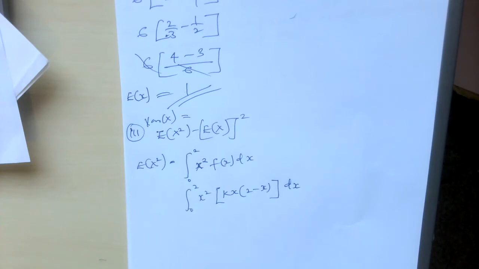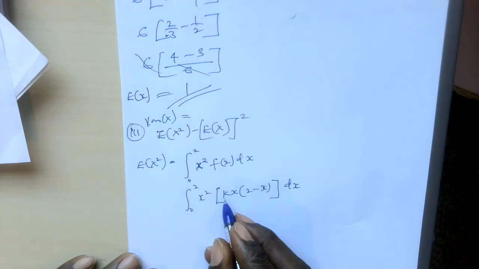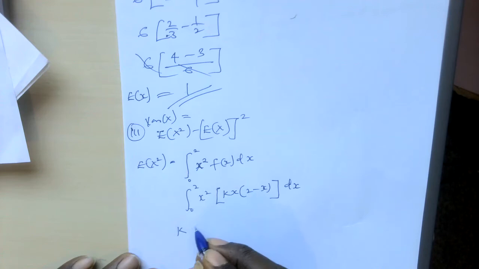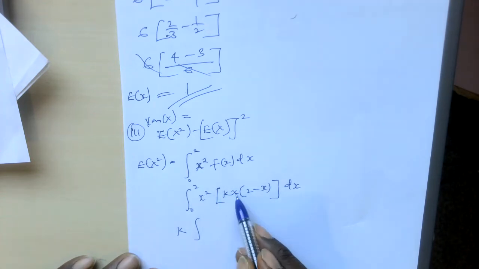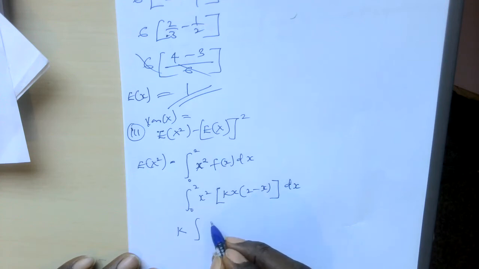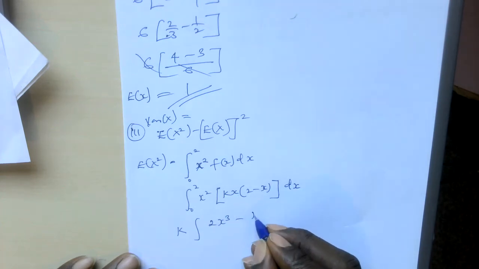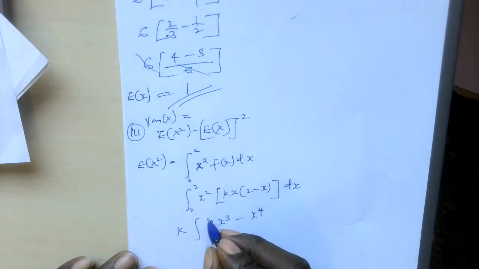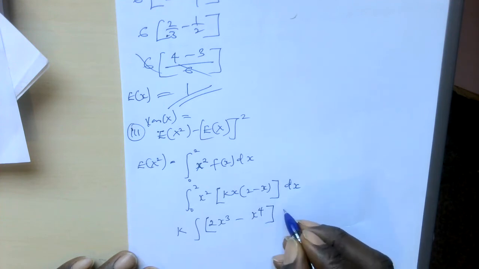Let's move on. So open up the bracket. We know what our k is, right? Just bring this k out. So we have k times the integral of x squared times x times 2, that's 2x cubed, minus x squared times x, x to the 4, dx.